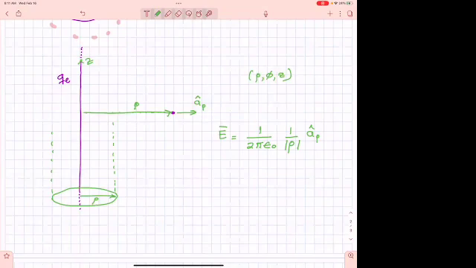What happens if instead of a line charge, I have the same charge distribution? So what happens if the same charge, which is a line charge here, I take it and I distribute it over an area, so it becomes like a cylinder, all right?